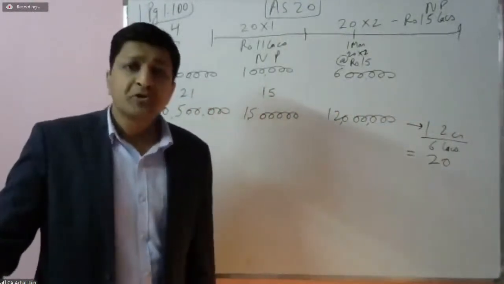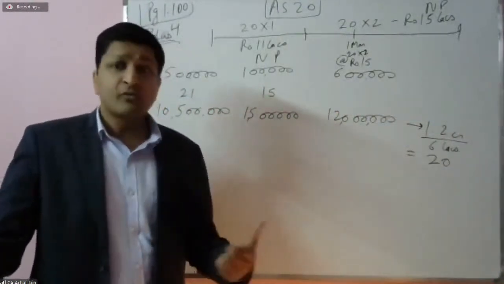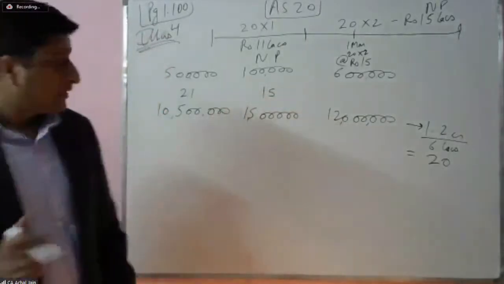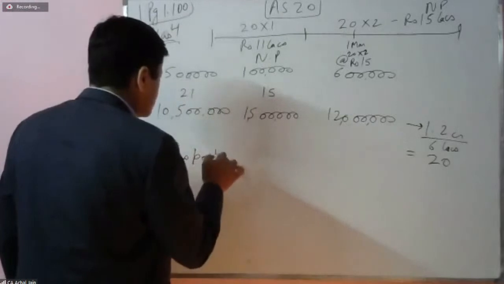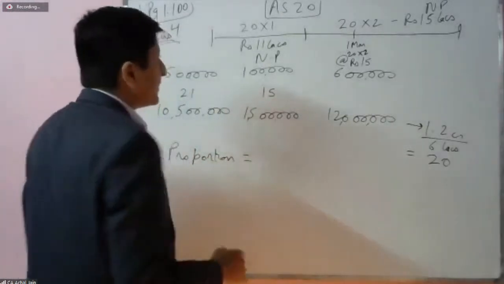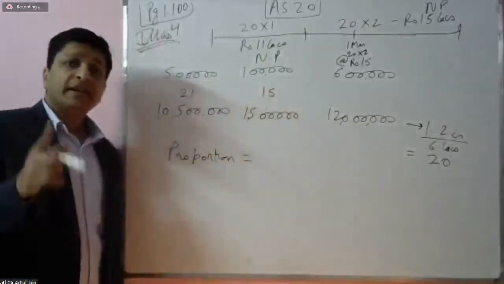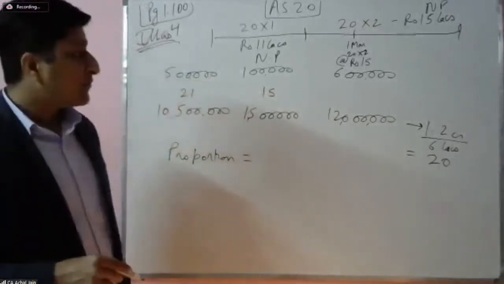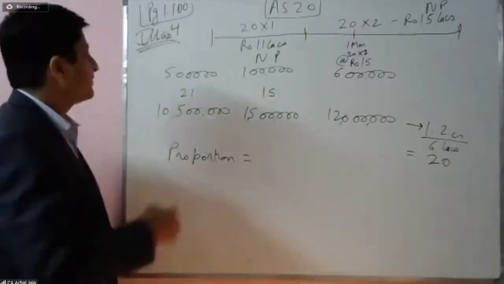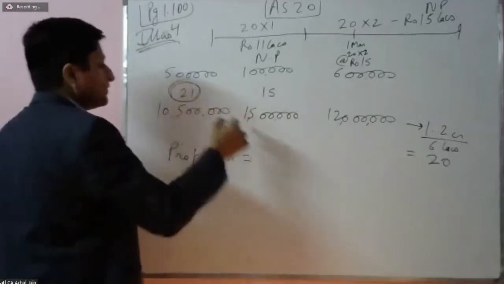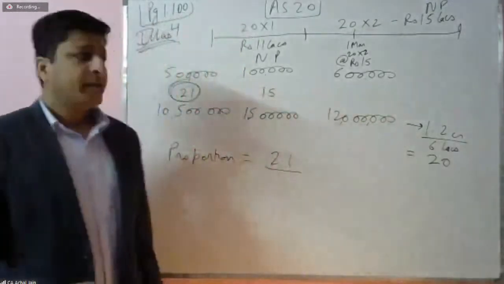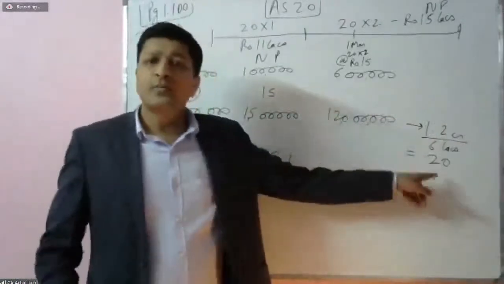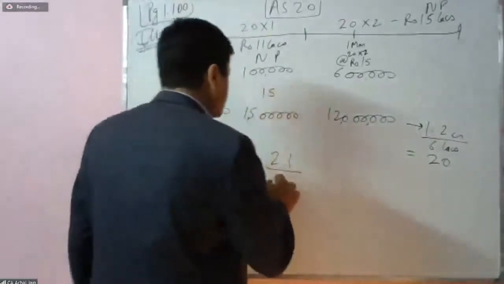And what is the proportion which is required to be used for adjustment? That proportion will be fair value per share immediately before exercise of rights. What was it? 21, divided by theoretical ex-rights fair value per share 20.